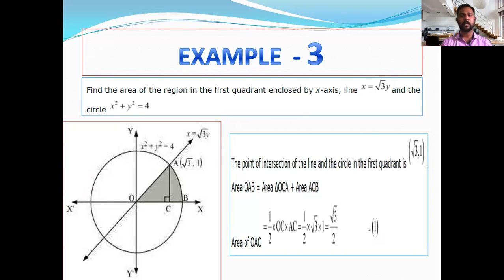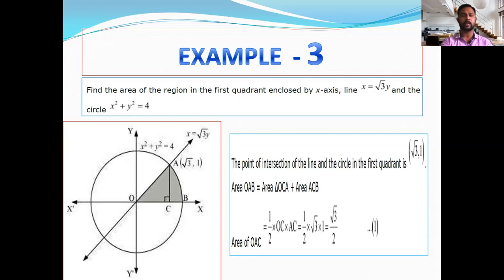Let us find first the area of triangle OAC. It is a right triangle, therefore definitely it is half base into height. Very directly you have the area of right triangle OAC as root 3 by 2.